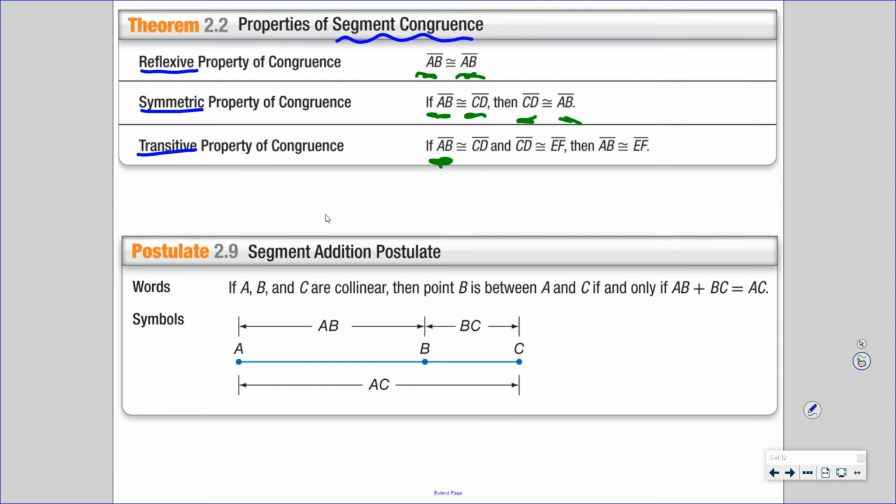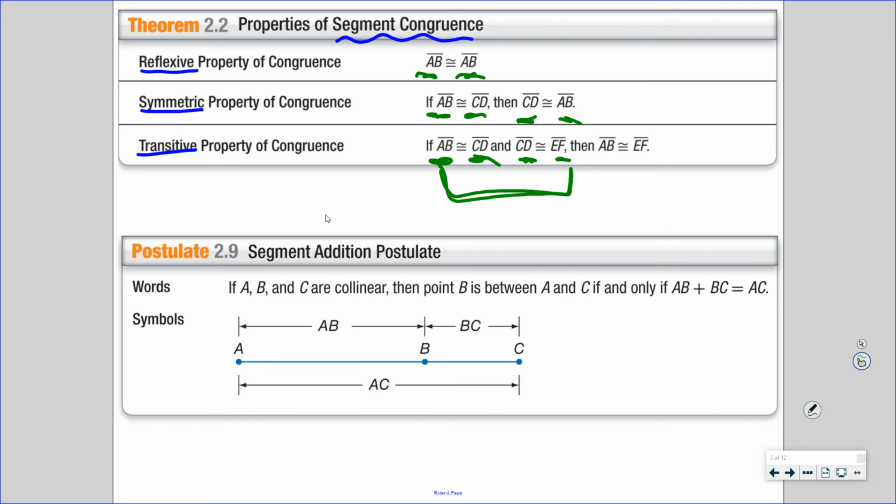Transitive: if segment AB is congruent to segment CD, and CD is congruent to EF, then we could say those two, AB and EF, would also be congruent. Here's another thing we've also used before in chapter 1, the segment addition postulate.